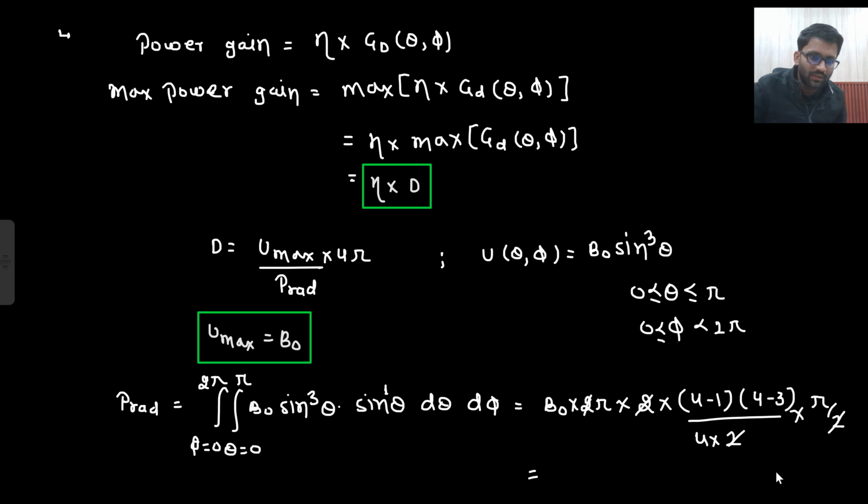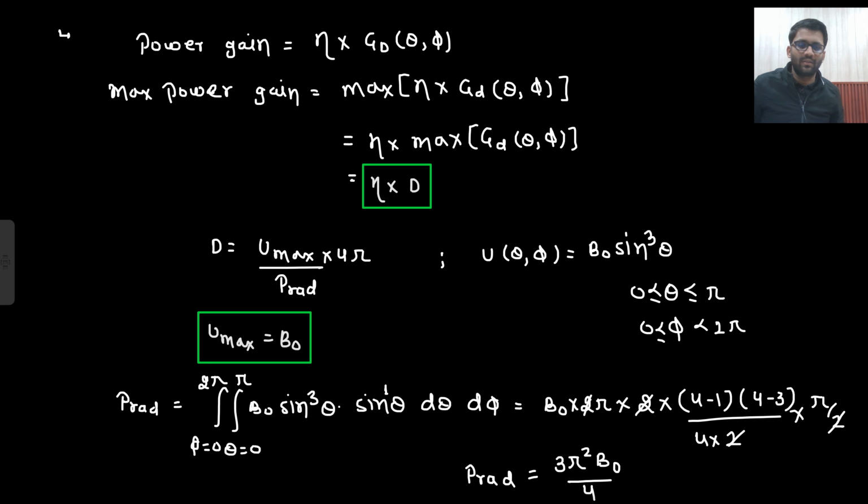So 3 pi square B naught divided by 4. This is pi, this is 3. 3 pi square B naught divided by 4. Yeah, this is your P radiated.